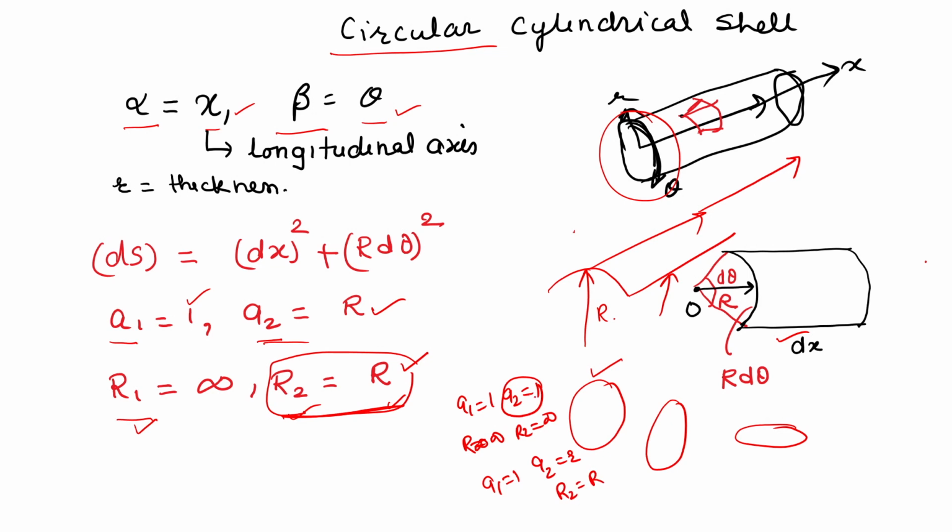So, one by one, you have seen that the major difference is that when A2 is R, your governing equations look entirely different compared to a flat rectangular plate. Now, if you include this effect of radius, then this whole set of governing equations will be entirely different, and will not look similar to a plate. So, let us go.